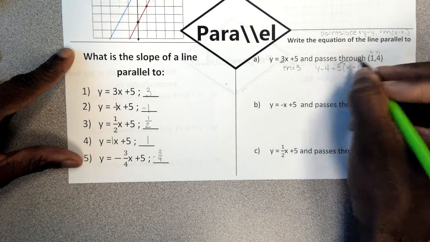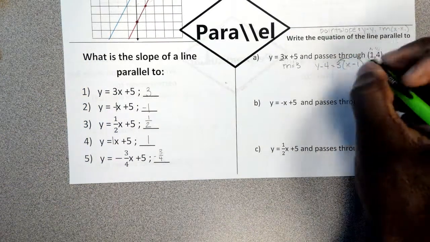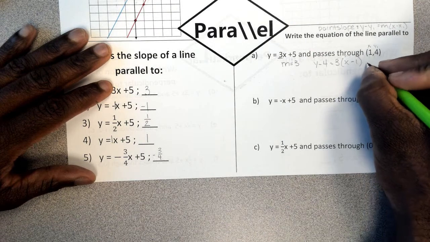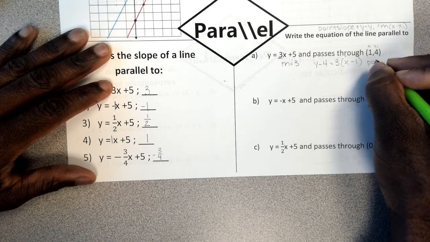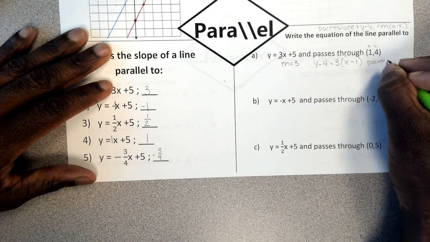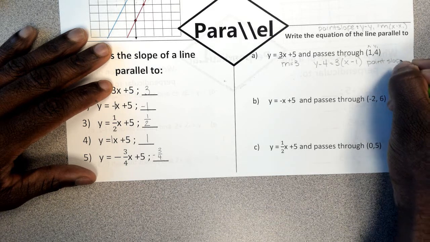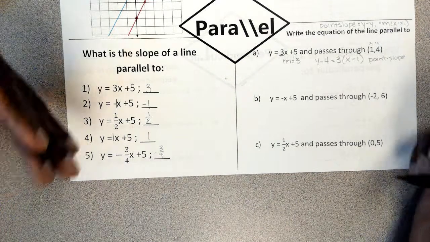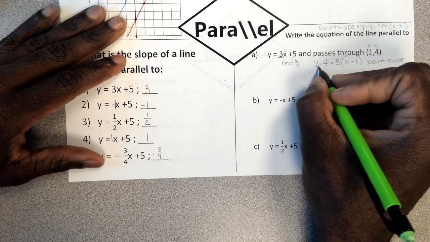Then we distribute. So before we distribute, this was a question that was tripping a lot of people up. This is in point slope form. As long as there's no double negatives or anything, this is in point slope form. Now to get it into slope intercept form, we just get y by itself.